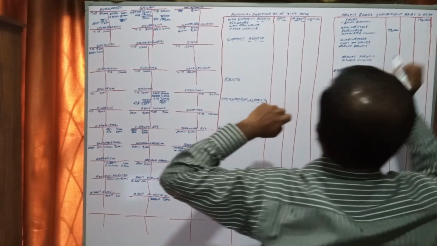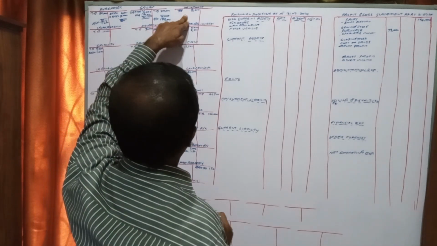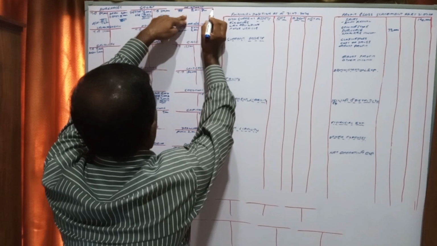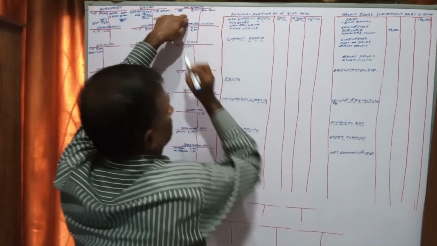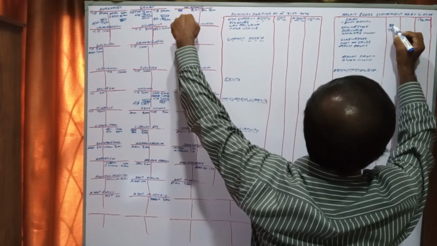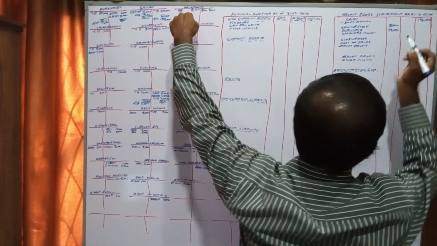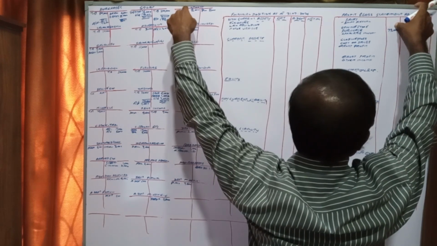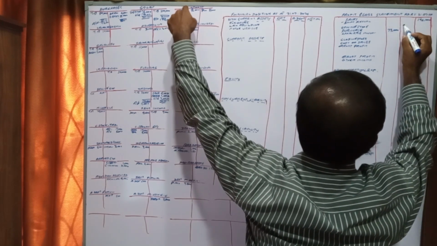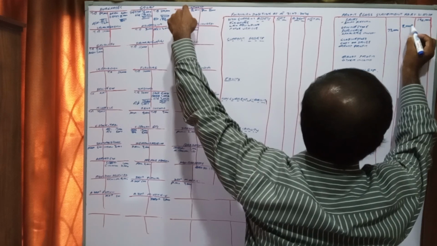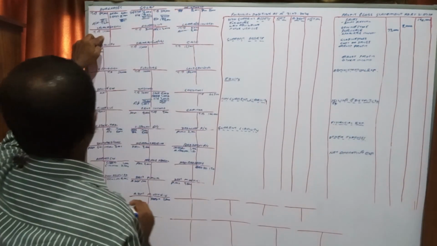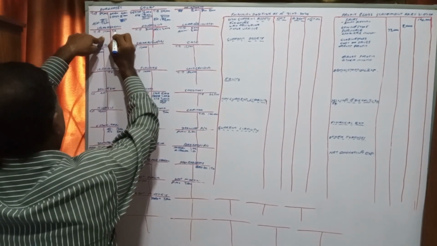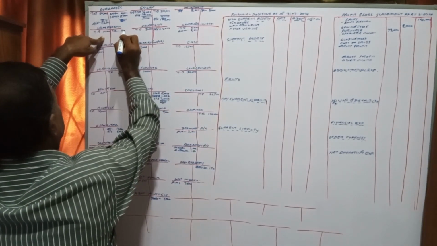Sales account 194,000, right? Opening stocks 8,000, trading account 8,000. Opening stocks 8,000, right? Net sales return, trading account 10,000.